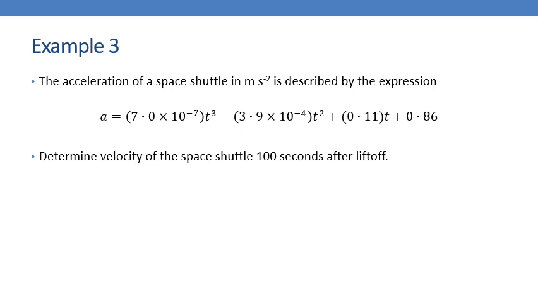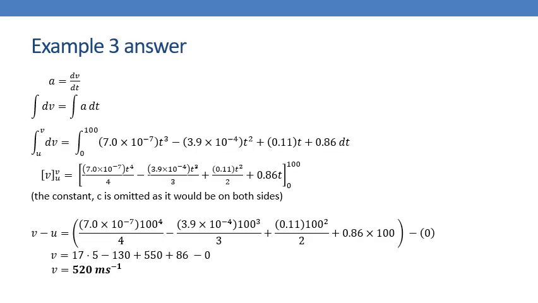Okay, one more example. Space shuttle's liftoff described by this relationship. This time it's the acceleration. Determine the velocity. So velocity is the rate of change of displacement, but acceleration is the rate of change of velocity. So we need to integrate.